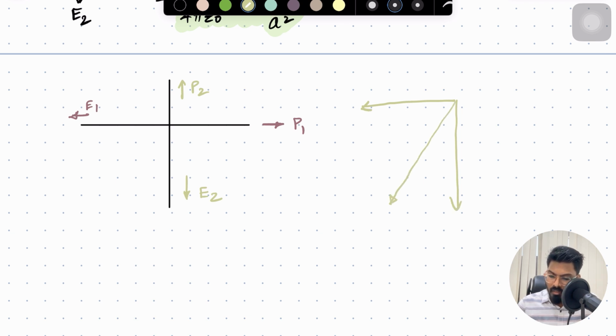Now because E1 and E2 are the same, the resultant is going to be at 45 degrees.